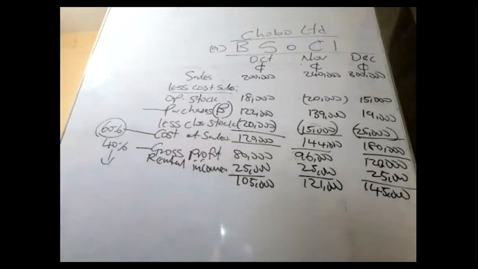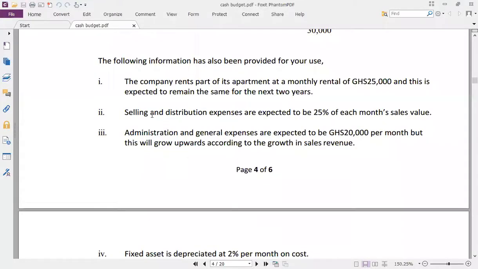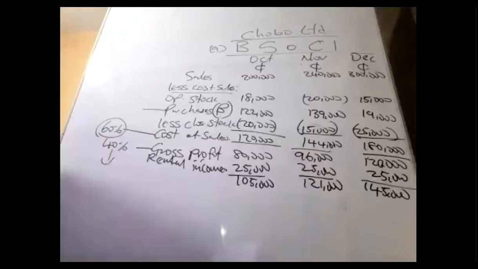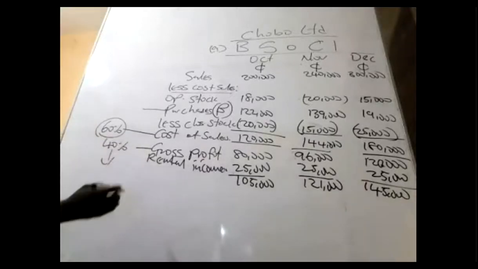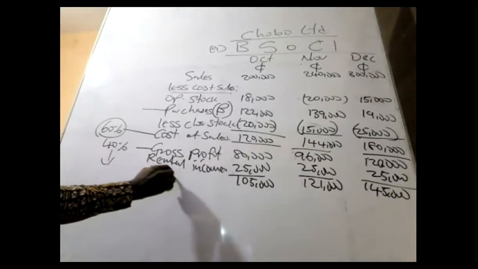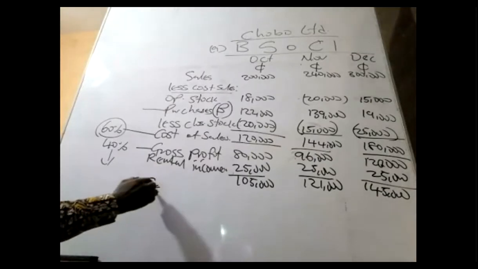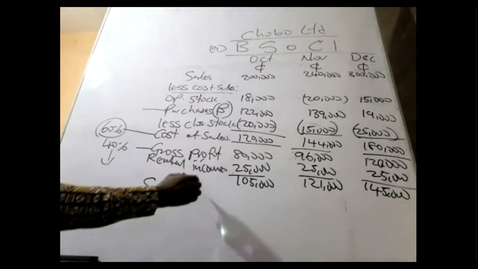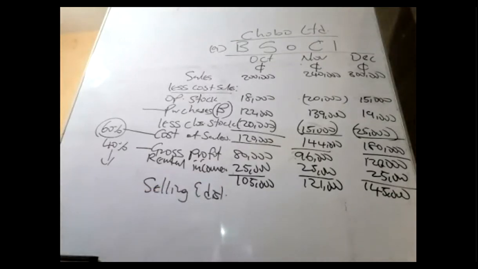Then less the expenses. So expenses, I'll go to the question. Number 1, selling and distribution is 25% of income. So kindly give me the calculation. Selling and distribution, 25%. So October will be 25% of sales.